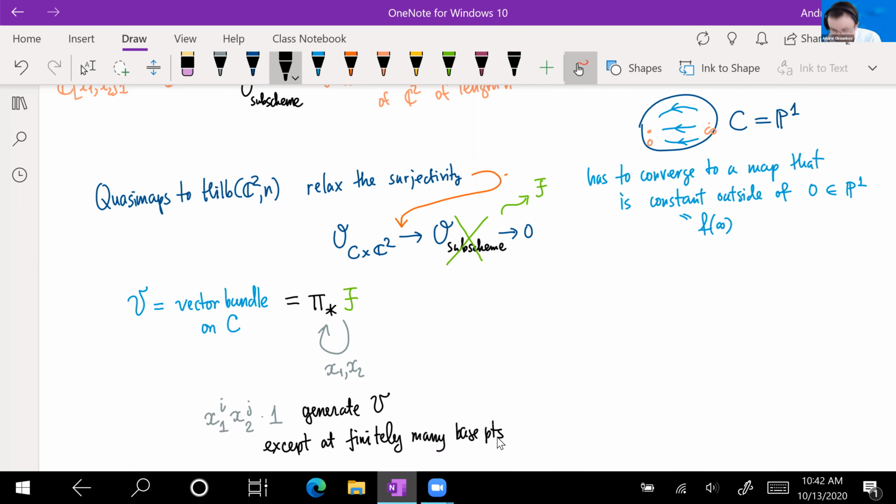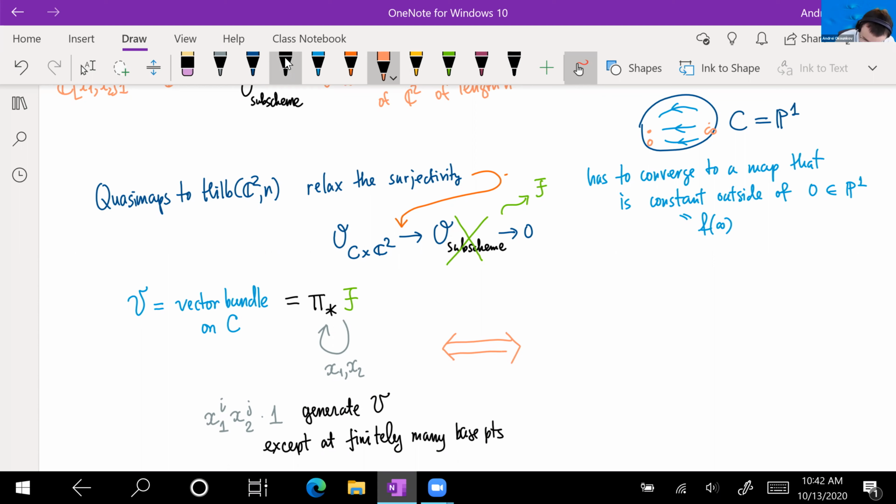And now if I translate this back into the three-dimensional language, what does it mean? I have a sheaf which is a vector bundle on a curve. A sheaf on a curve is a vector bundle if and only if it has no torsion, or if and only if it has no zero-dimensional subsheaves.